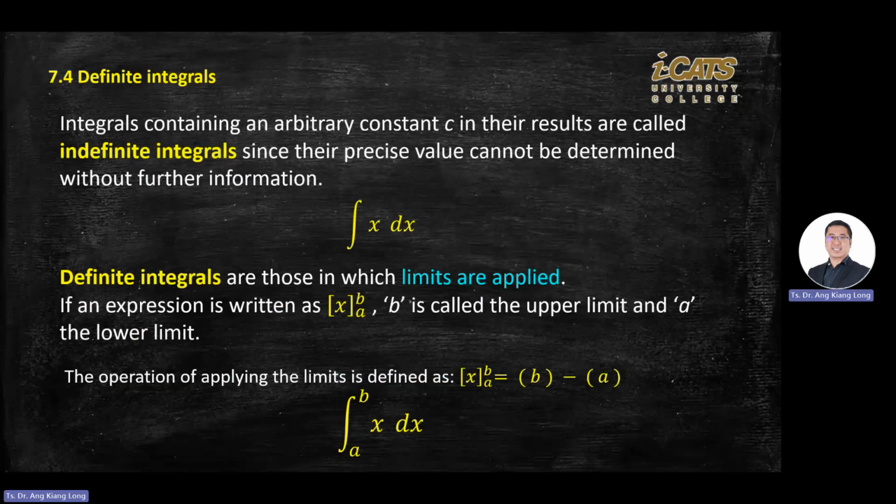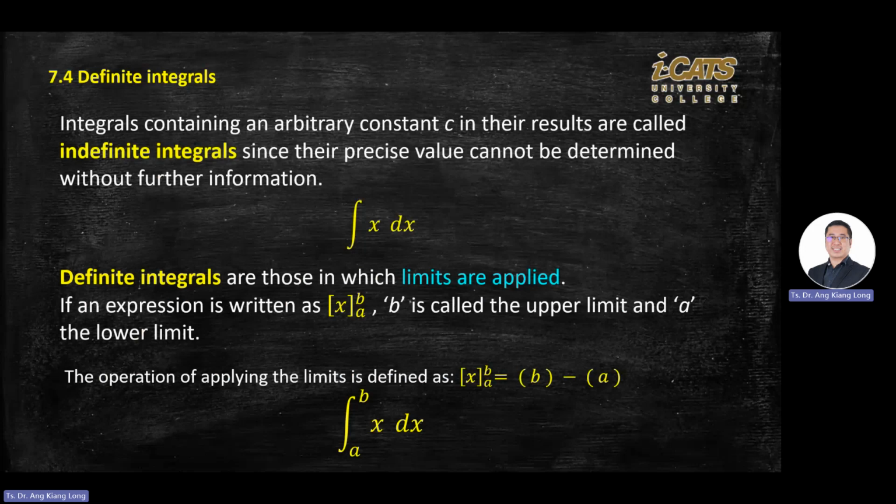So what you do in this case, you only need to substitute the value of B and A into the steps. So I'll show you how. The limit in this case is A to B. A is at the lower part, we call it lower limit. B is at the top, so we call it upper limit.